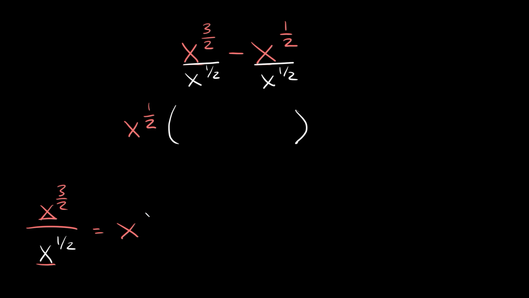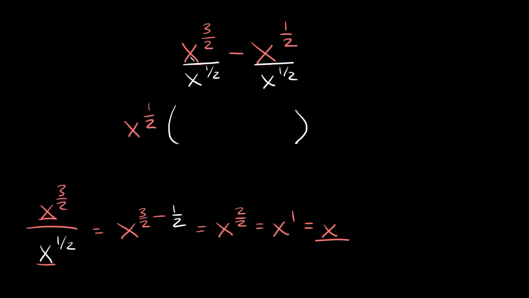So here we're going to say 3/2 minus 1/2, which is equal to x raised to 2/2, which is x raised to the first power, which is simply x. So x raised to the 3/2 divided by x raised to the 1/2 is equal to just x.